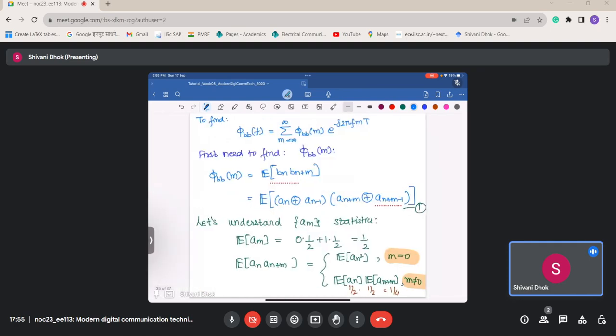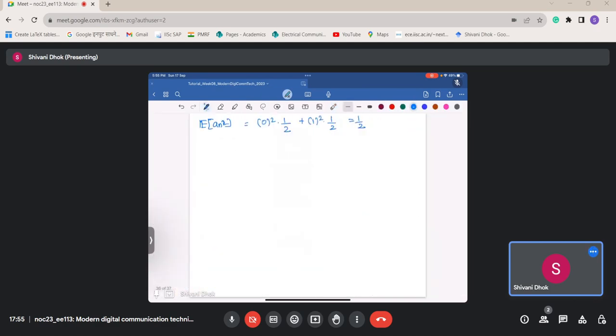So when it is a_n square, this term here, when m equal to 0, it is expectation of a_n square, and this comes out to be 1 by 2. So therefore, phi_AA of m is equal to expectation of a_n into a_n plus m. This comes out to be 1 by 2 if m equal to 0, it is equal to 1 by 4 if m not equal to 0.